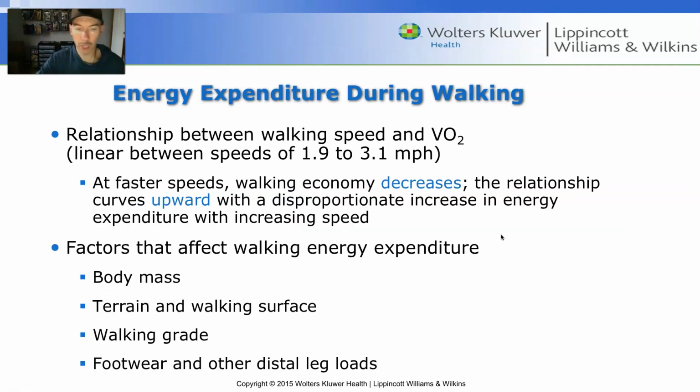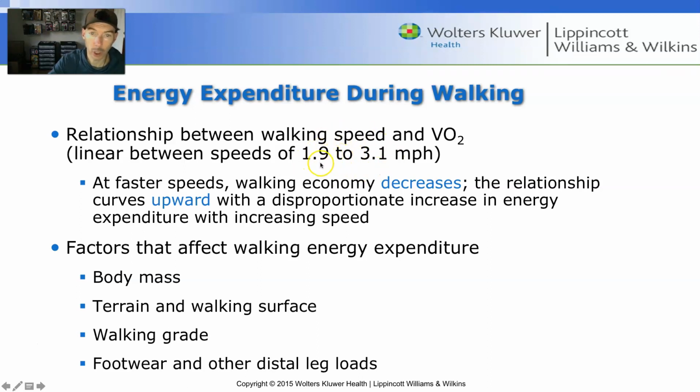So here we're going to go through a couple of the activities and talk about the factors that can affect efficiency. Just a couple quick things to throw out. It's been found that walking efficiency is highest in this speed range.